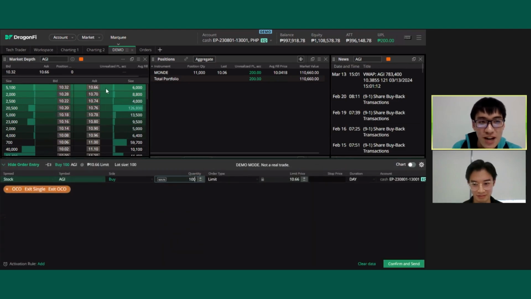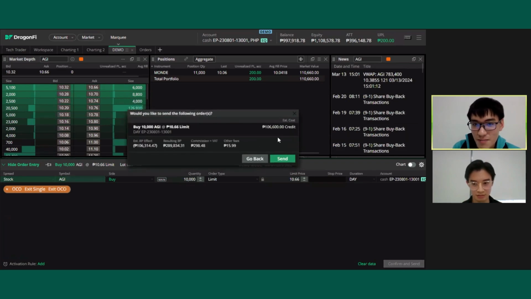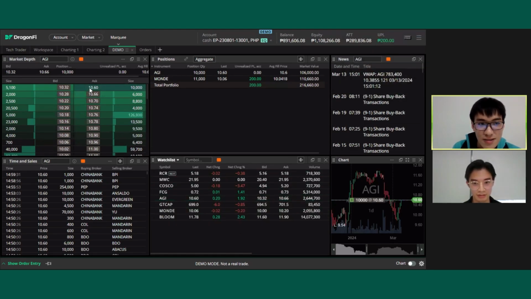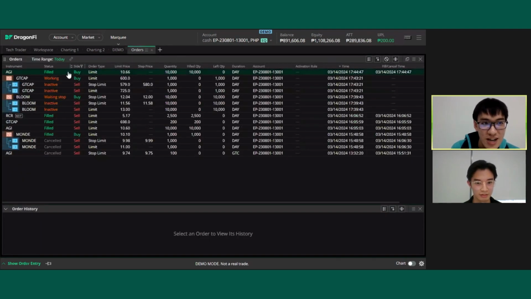So let's say you want to buy here, 10.6, buy it now. So just input your position size, right? Then execute, right? So buy. There. So it should be filled already, basically.